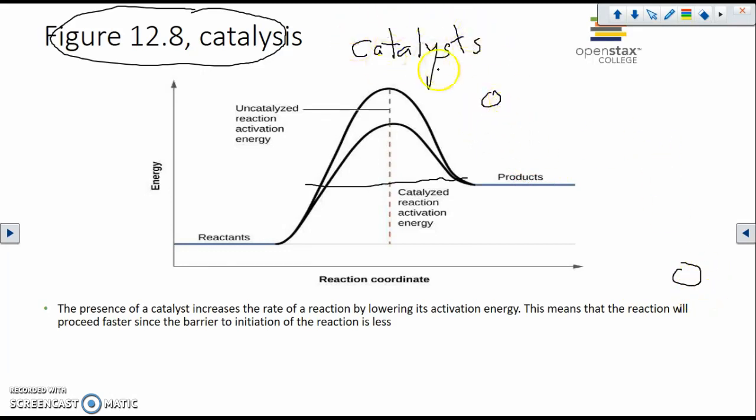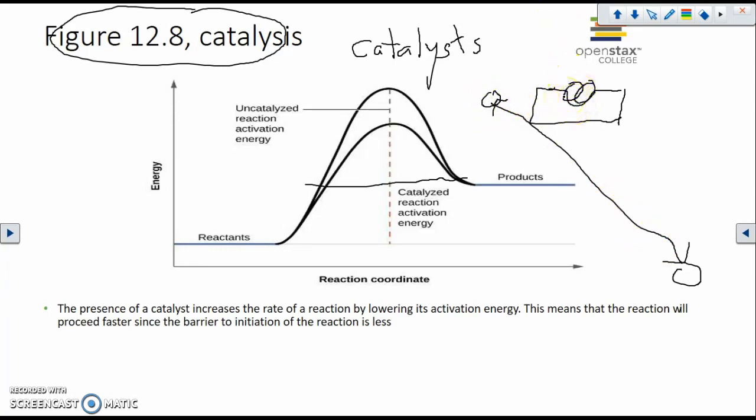What catalysts do, folks, is they bring these two particles closer together. So it's all about distance. Let's say I'm a catalyst here, and I'm just going to create a catalyst of some sort. What happens is I plug them in, and the catalyst brings these two particles closer together.